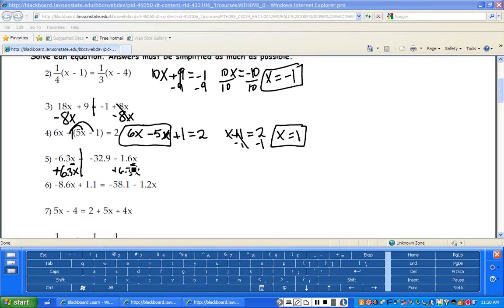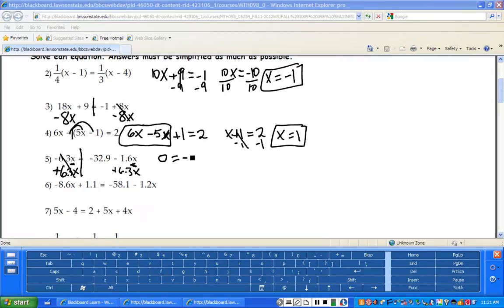Okay. Cancels there. And on the other side, I end up with a 4.7. So on the left hand side I have nothing over here, so I can't just leave it blank. I have to put something, so I just write 0. Okay, I write 0 for this side.